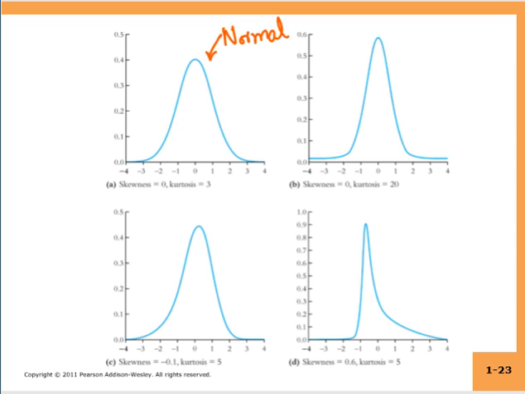Don't be fooled by the fact that over here it is going higher up, but basically the area under the curve becomes less, and the area under the curve in the extreme values becomes more than over here. So kurtosis is 20. So this is called a leptokurtic kind of distribution.